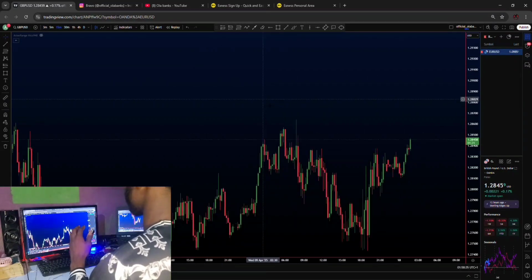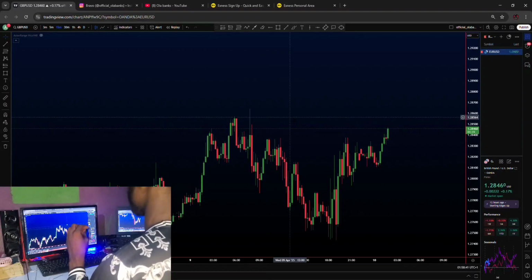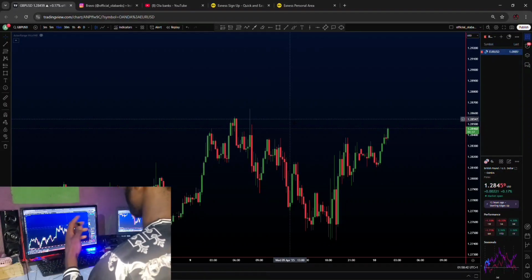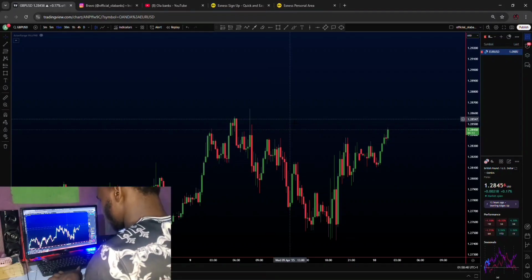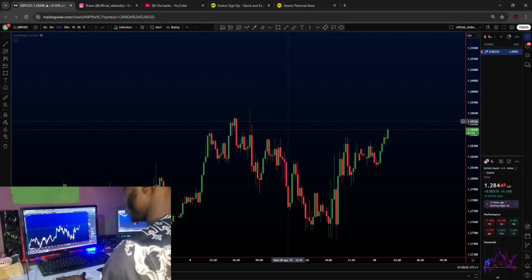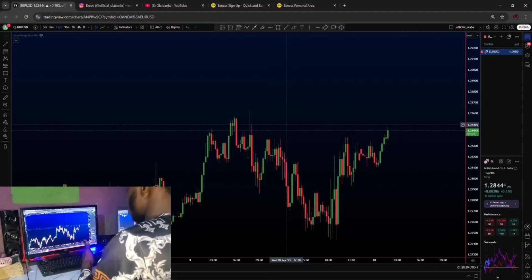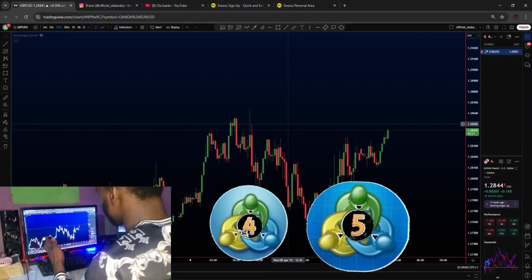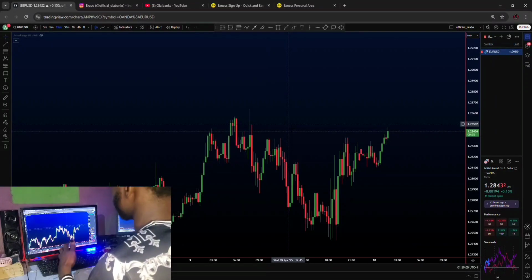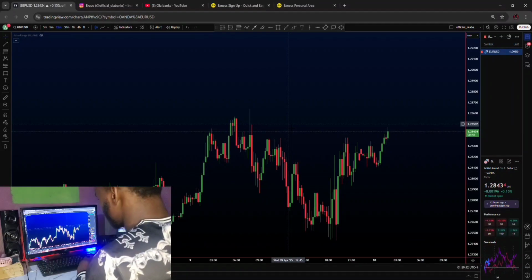The broker is the company that gives us the opportunity to be called a trader. So it is like a place where we fund our money. From there, we will get our login and password. They will give us an account where we'll log in on our MT4, maybe MT5 or cTrader, or any platform you want to use. And from there, that's where you get to see your buy and sell button. Without the buy and sell button, there's nothing you can do.